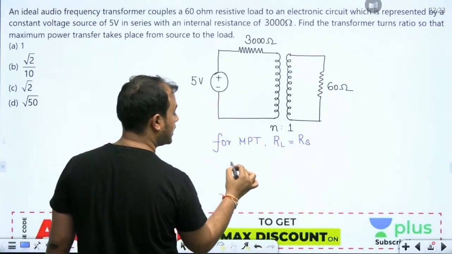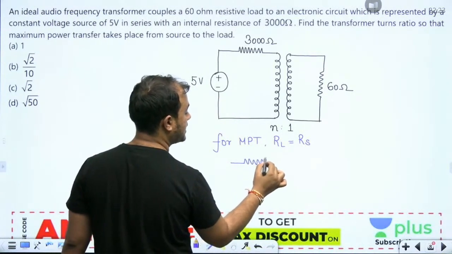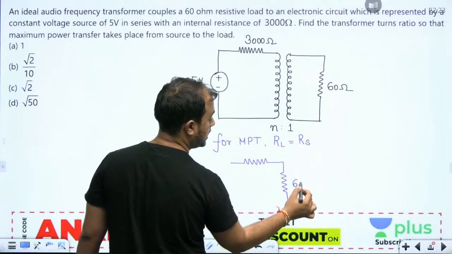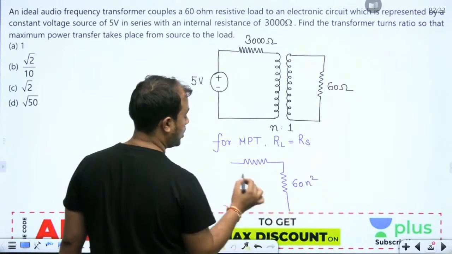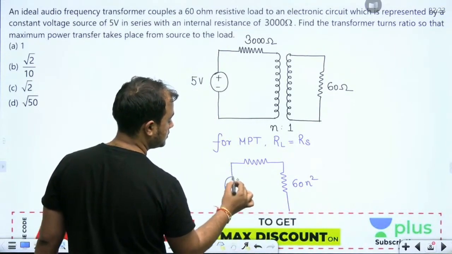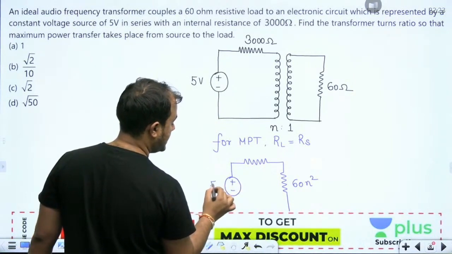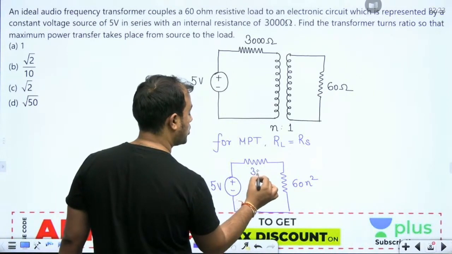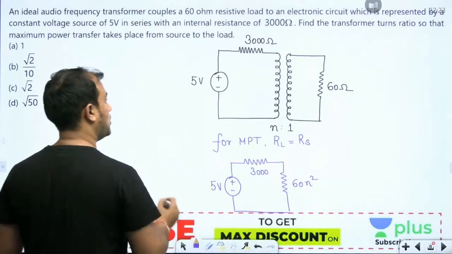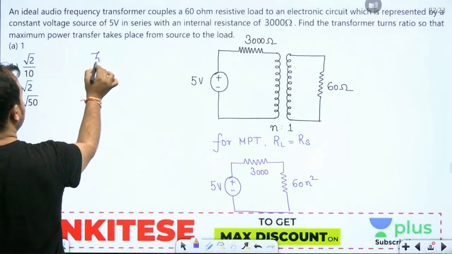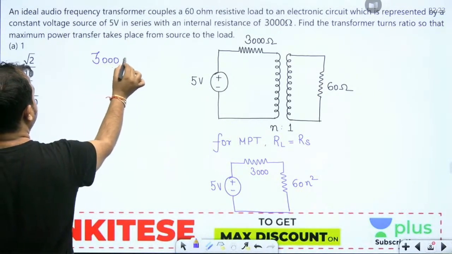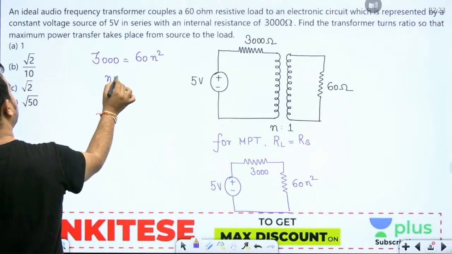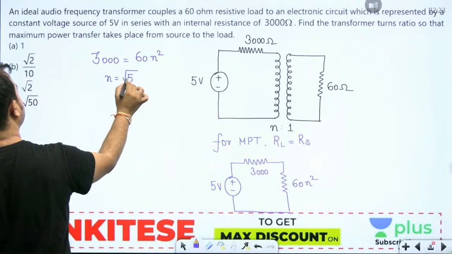So if you refer the load resistance on the primary side, it will become 60 n square. Now I'll say it should be equal to 3000. So n is root 50.